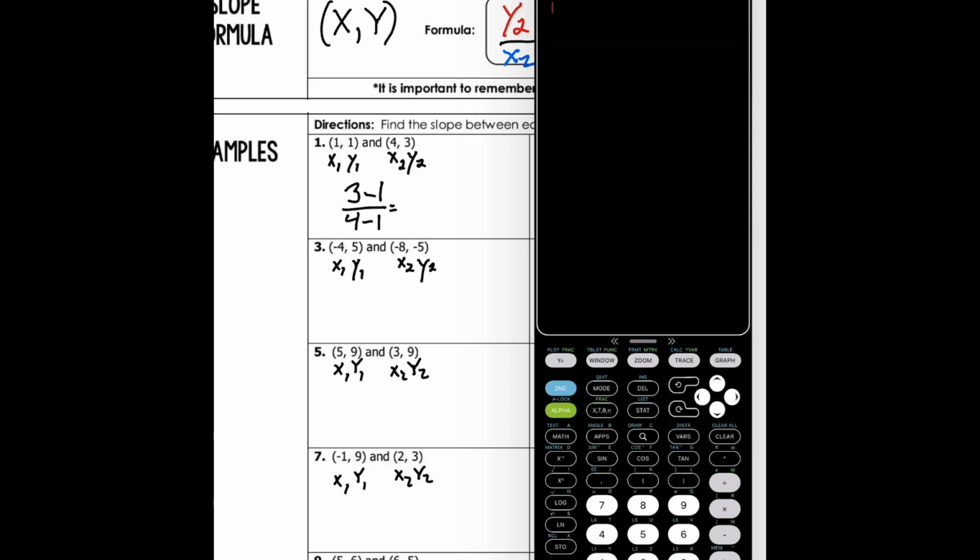If I get a crazy decimal, we can hit math, enter, enter. For most of your calculators, it's going to answer it in a fraction form, so we won't have to do that math, enter, enter step, but this online calculator makes me do it. So I have 2 over 3.